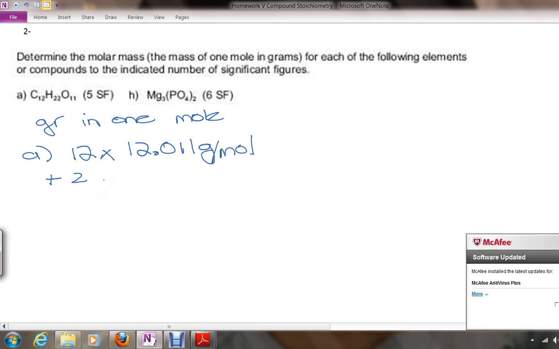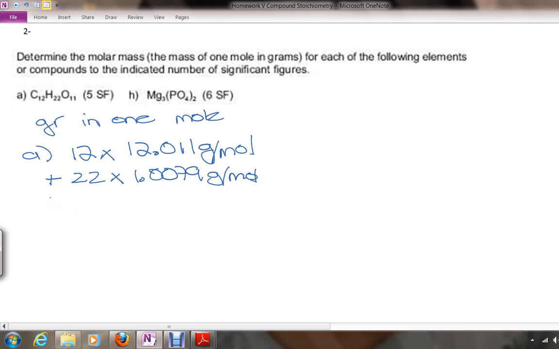For the next one, 22 times 1.0079 grams per mole, plus 11 multiplied by 15.9994 grams per mole.